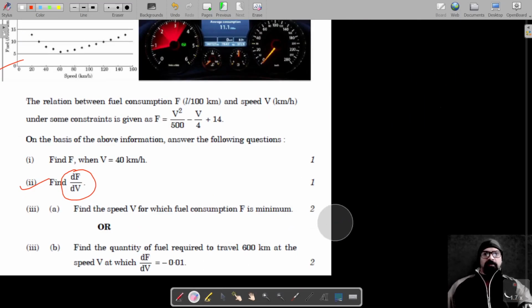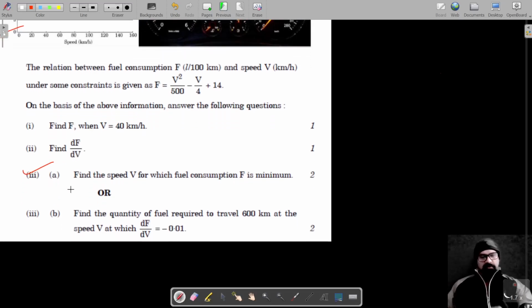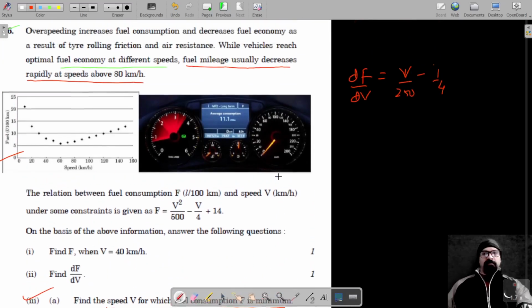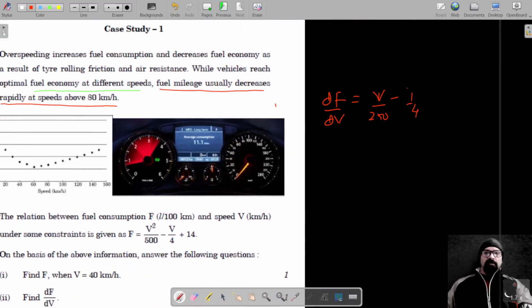Moving on to the third part. The third part has choices, so we are going to solve both of these. We have to find the speed v for which fuel consumption is minimum.